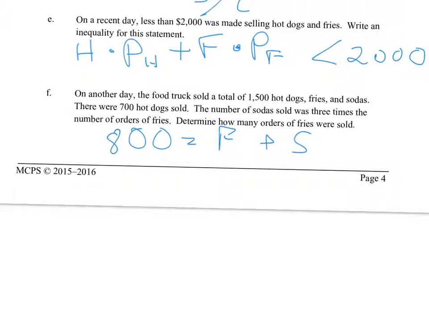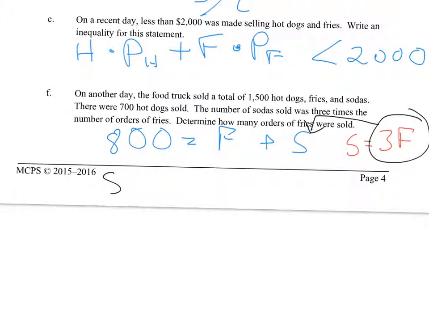So off to the side, I'm going to write sodas equals 3 times the number of fries. Then I'm going to take 3F and replace soda with 3F because I know that the number of sodas equals 3 times the number of fries.